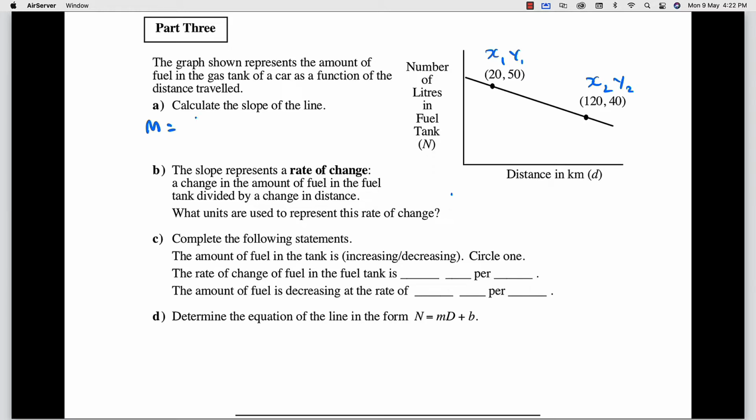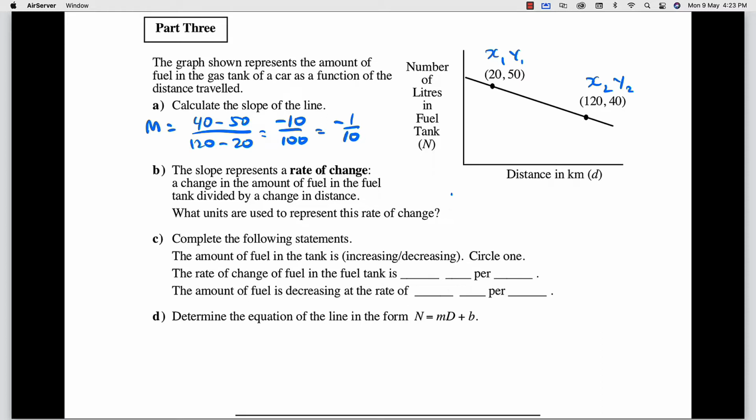So y2 is 40 minus y1 all over x2 minus x1. If I do the math, I'm going to get negative 10 over 100, which can be simplified down to negative 1 over 10, which is what we want, a negative slope in this case.